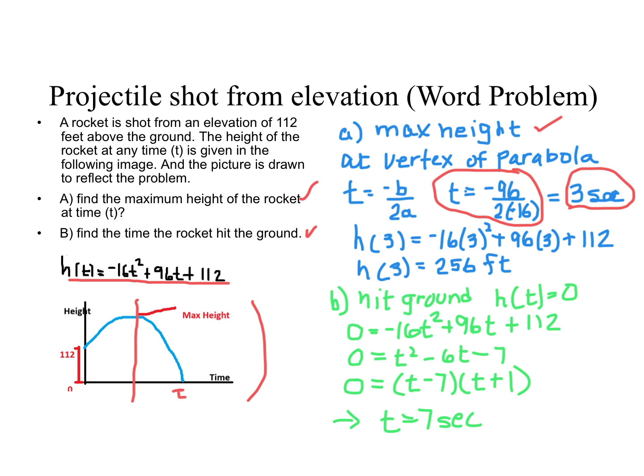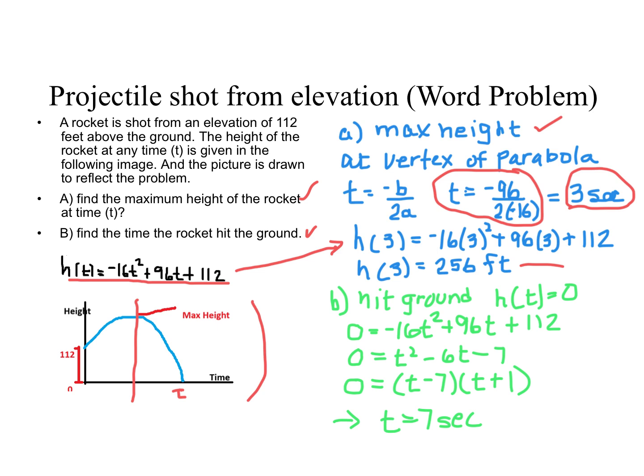Now we plug the 3 seconds back into the original equation, and we get h of 3 seconds is equal to negative 16 times 3 squared, plus 96 times 3, plus 112 feet. And we get a final height of 256 feet. So that's the maximum height the rocket gets to.